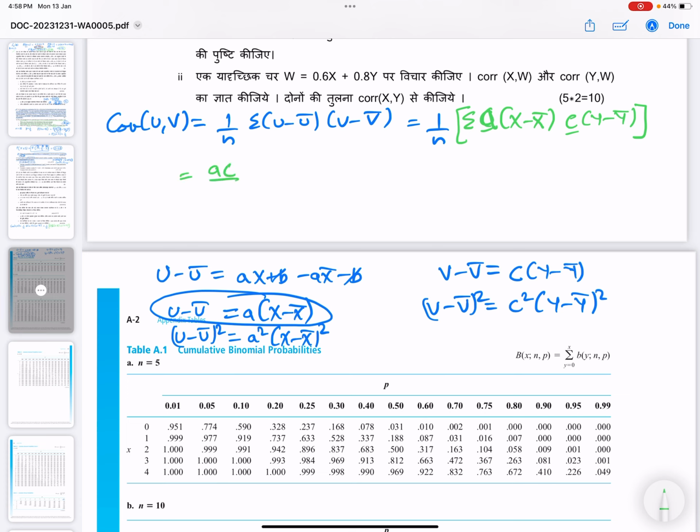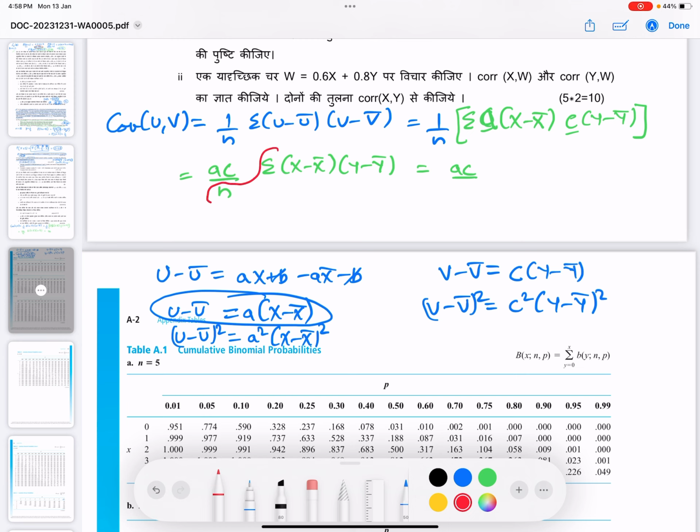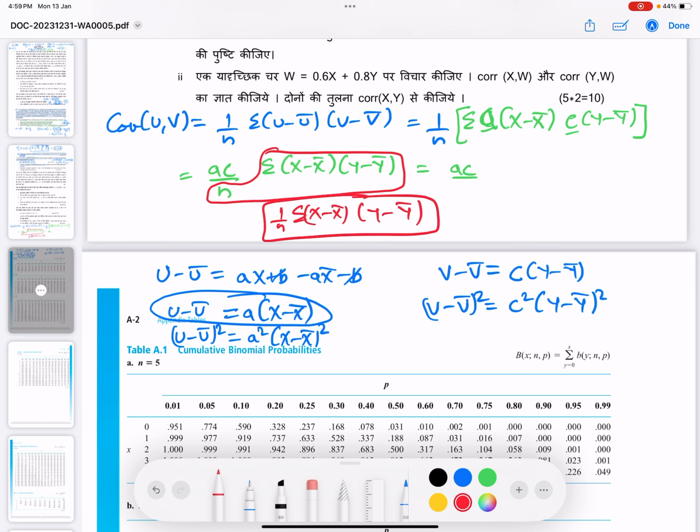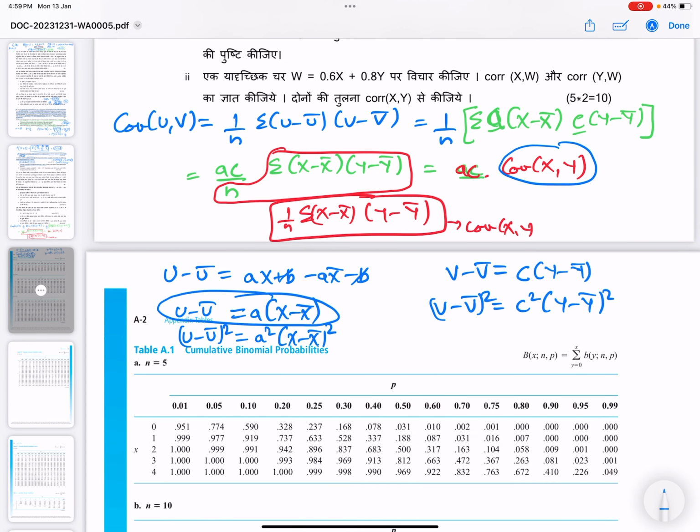So this becomes ac upon n summation X minus X bar, Y minus Y bar. Look at this one in the red. This is nothing but 1 upon n summation xi minus X bar, yi minus Y bar, so this is covariance xy. So this would become ac times covariance xy. And since covariance xy was 0 because they were independent, covariance uv would also become 0.